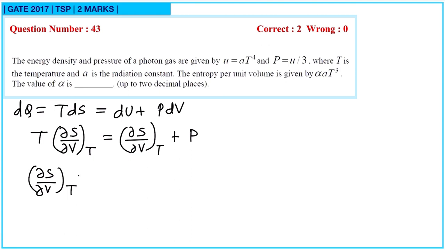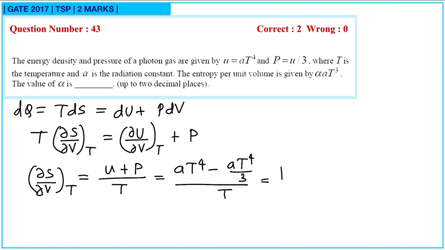So from here dou S by dou V at constant T is equal to dou U by dou V, which is energy per unit volume, so that is U here, plus P, upon the temperature T. Now here it is given that U is equal to AT raised to 4 and P is equal to AT raised to 4 by 3.